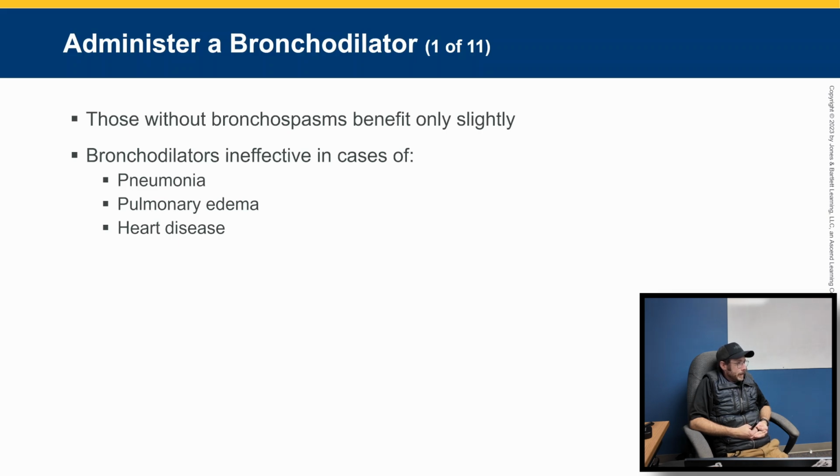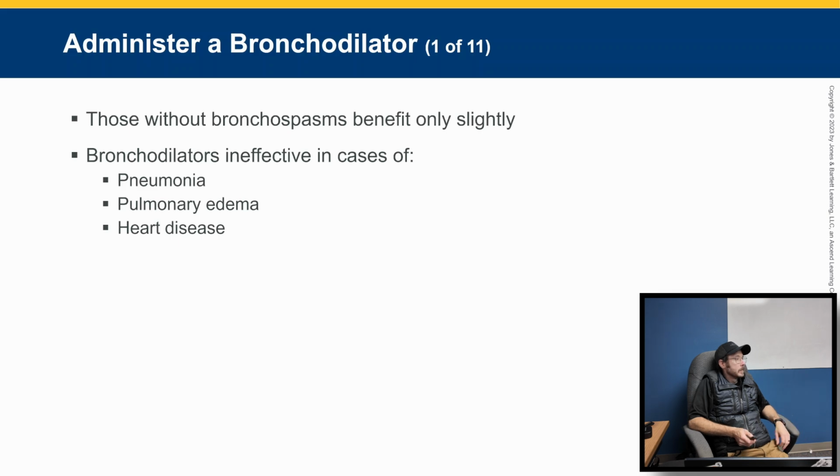bronchodilators may allow me to get better pressure into the alveoli to improve gas exchange. So while they are not directly effective as a standalone treatment for that process, when used in conjunction to provide better positive pressure ventilation, they can be useful in these conditions.